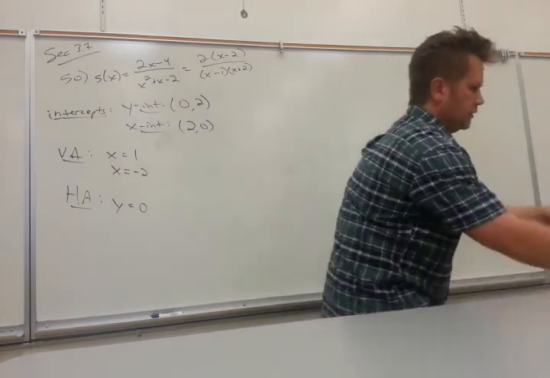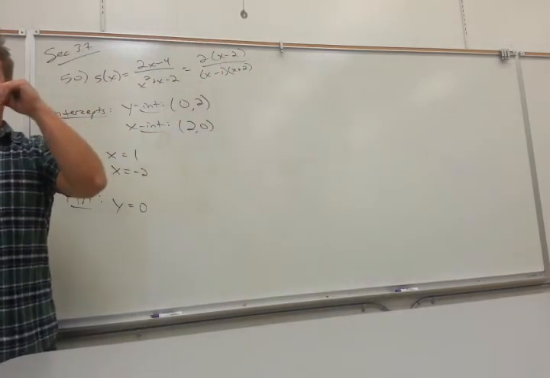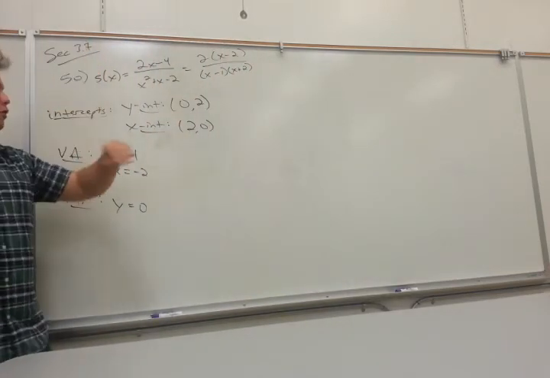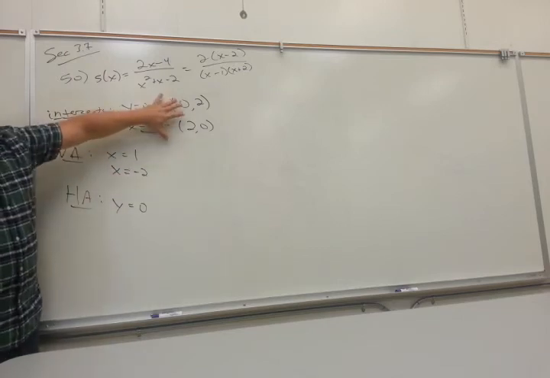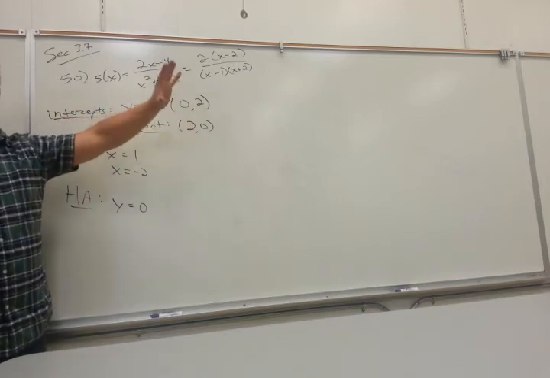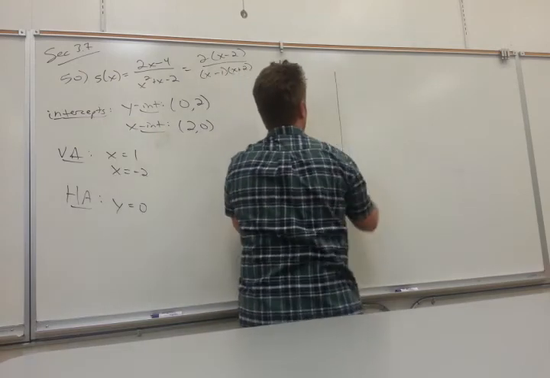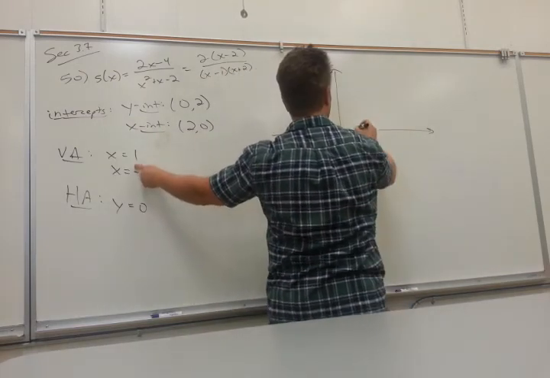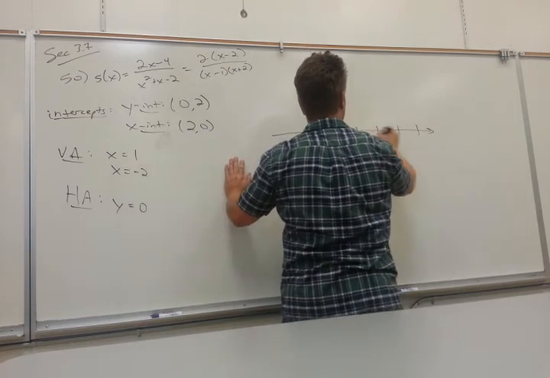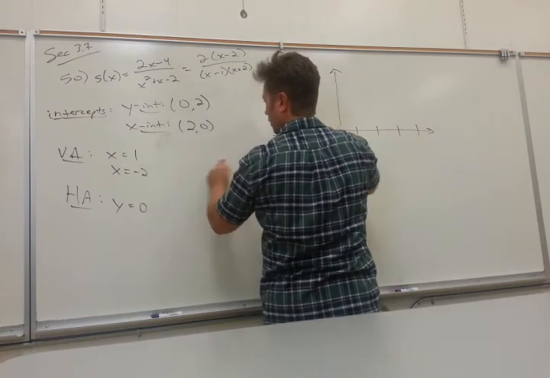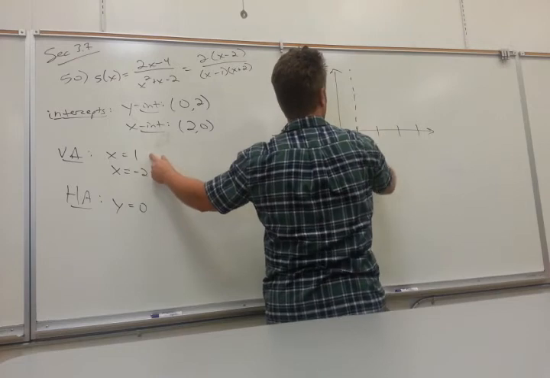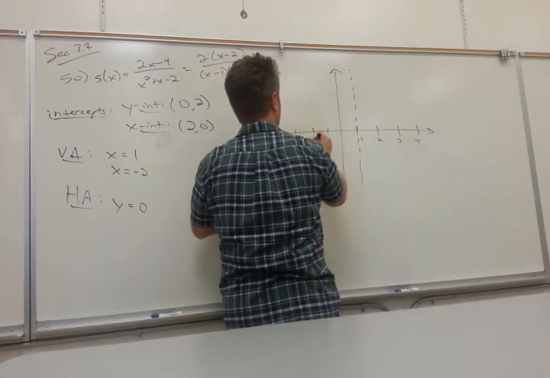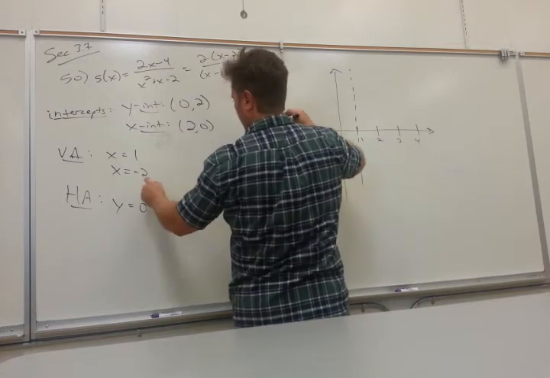So now for my artists out there, you can set up your chicken wire or your foundation or your structure, whatever you want to look at it as. I'm going to put the walls up and put some anchors down as to where my graph is. So I got the walls here at 1 and negative 2.